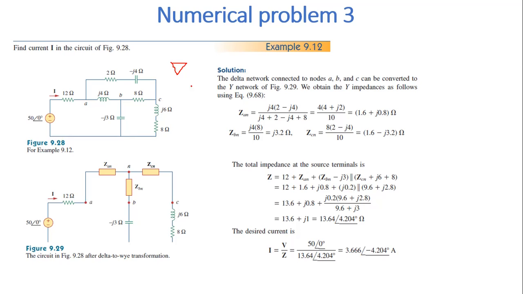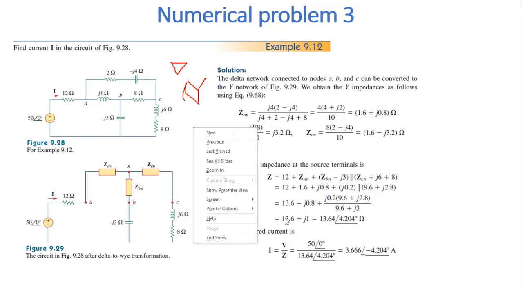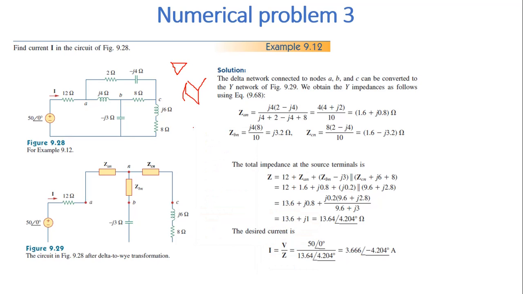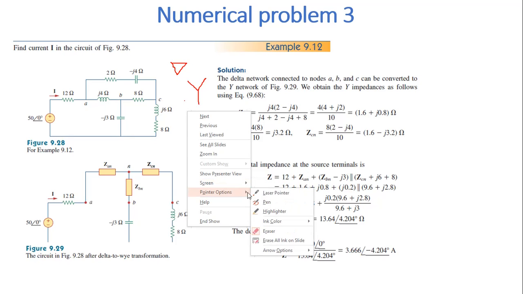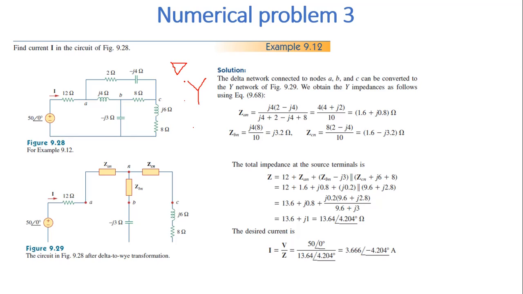We can convert this into a star, so star like this. So this will be A and this point is N and this is B and this is C, right?